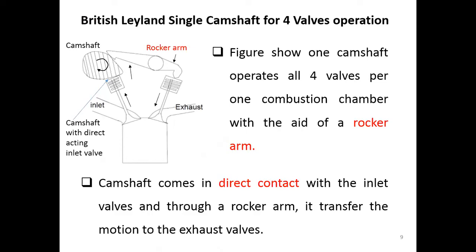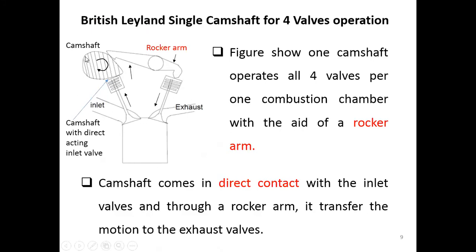With two camshafts, you have more inertia. So some designers, such as British Leyland, designed a single camshaft used for four valve operation. And this is the picture of this mechanism.